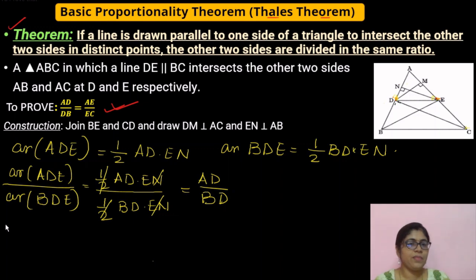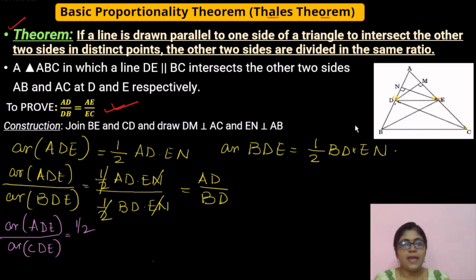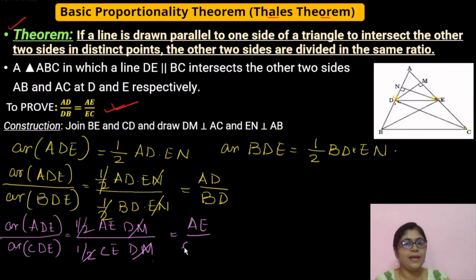Similarly, area of ADE divided by area of CDE equals half AE into DM divided by half CE into DM. So, this will be cancelled. What is left? AE by CE.